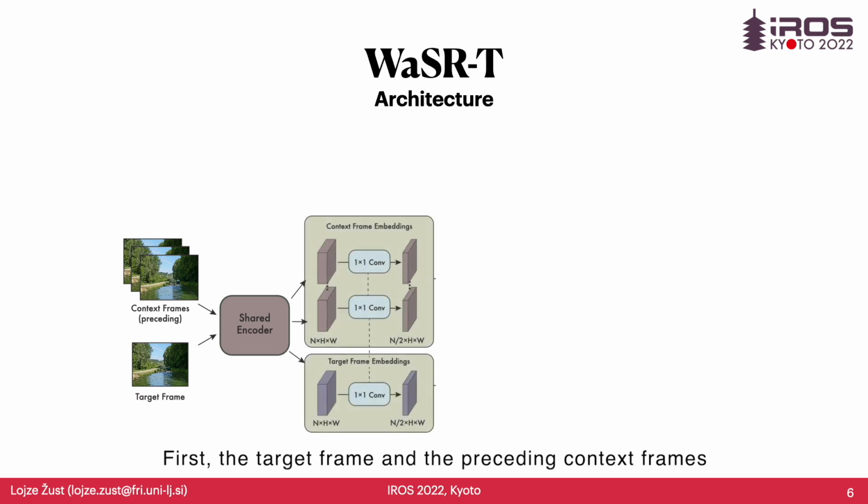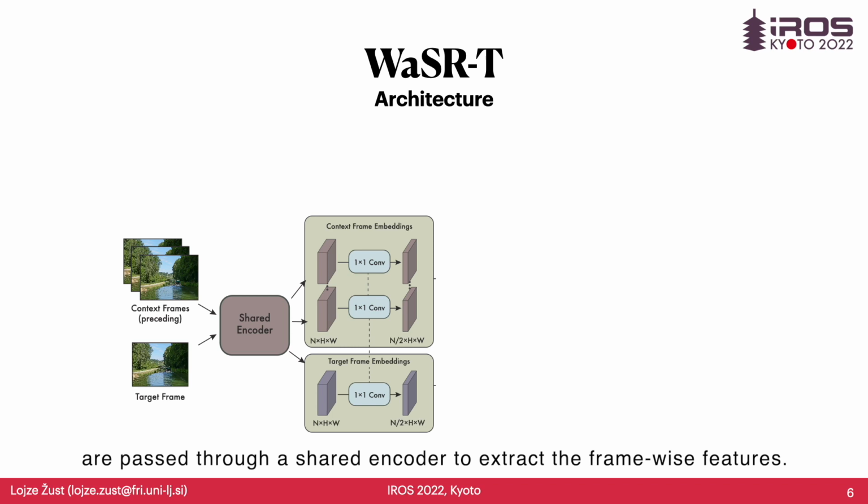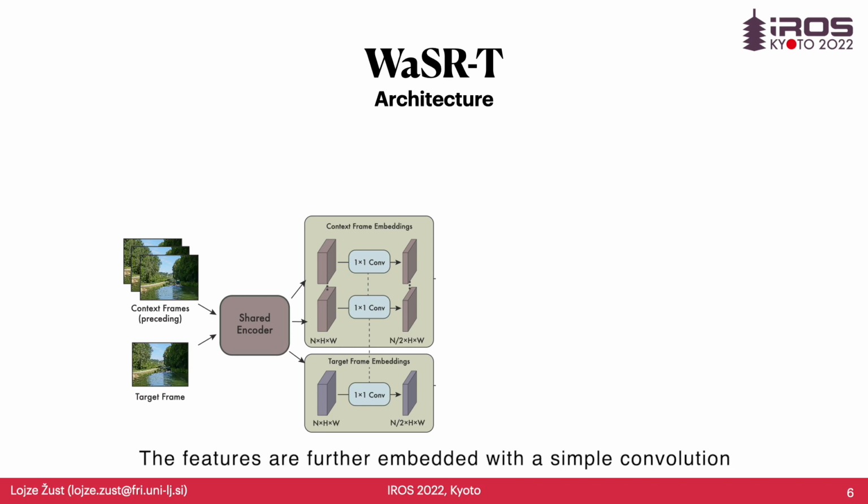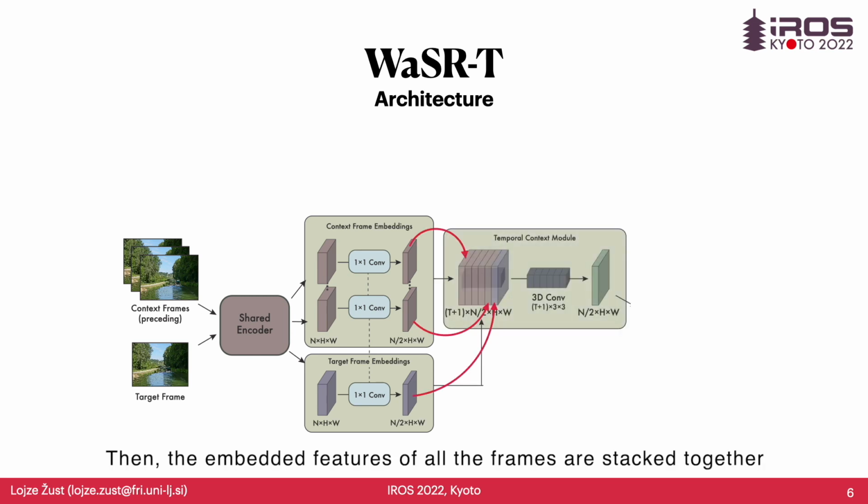First, the target frame and the preceding context frames are passed through a shared encoder to extract the frame-wise features. The features are further embedded with a simple convolution to reduce the dimensionality. Then, the embedded features of all the frames are stacked together into a temporal feature volume, and a 3D convolutional layer is used to extract the temporal context from the feature volume.